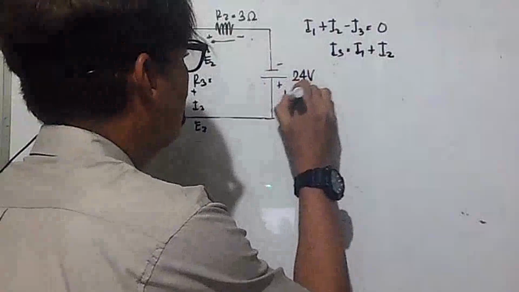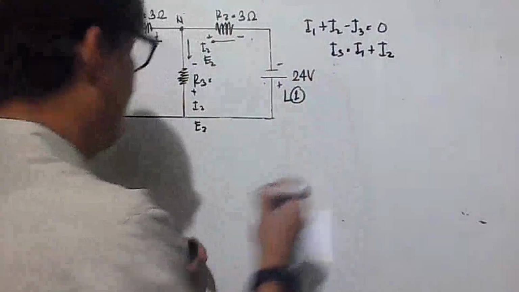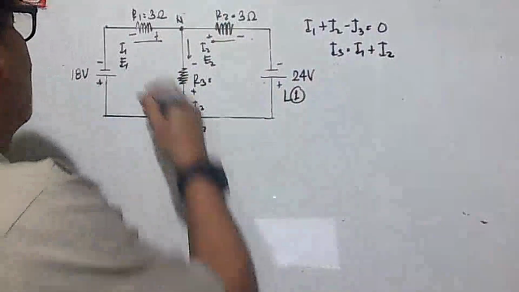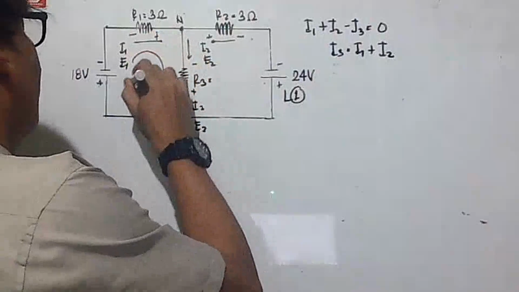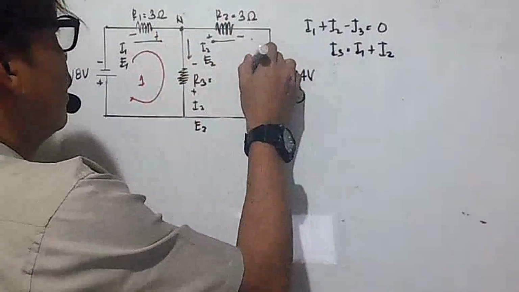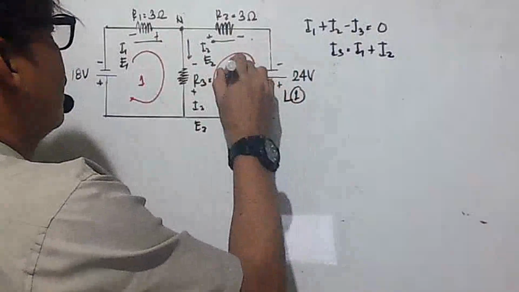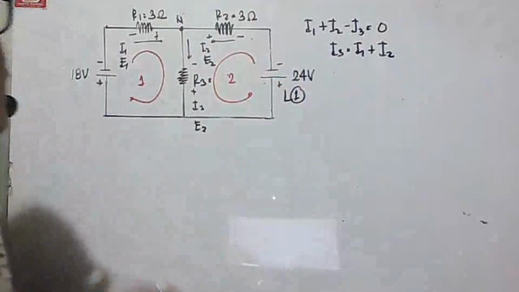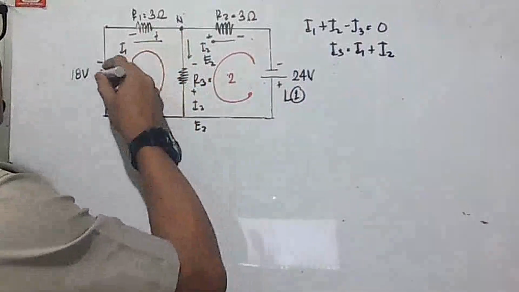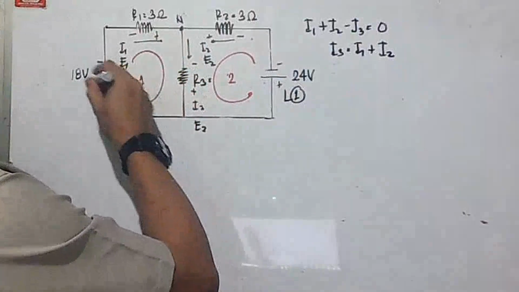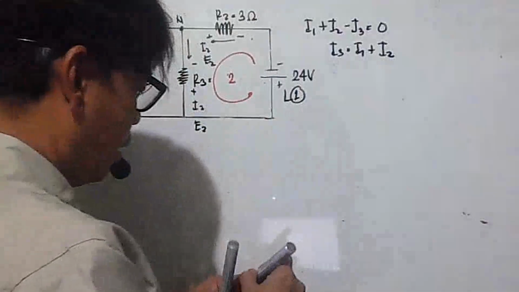In loop 1, negative to positive, this direction. These are loop 1, and here negative to positive, these are loop 2. Using the charges here, 18 is positive.